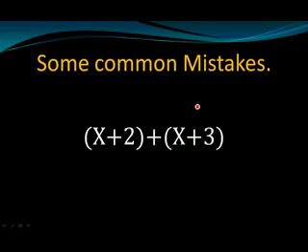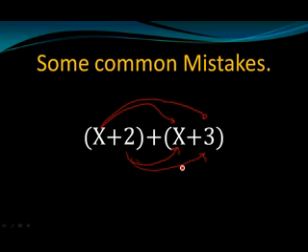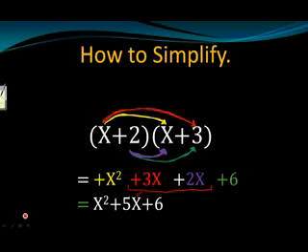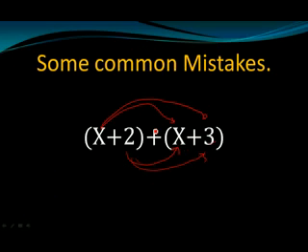Now some common mistakes. As you've just seen, we took this number and multiplied it here, took this one and multiplied it here, and then took it here and multiplied. Why did we do that? Because there was an implied multiplication here. Here it is implied that you multiply, but here it says we need to add them. So do not do that multiplication if it asks you to add.